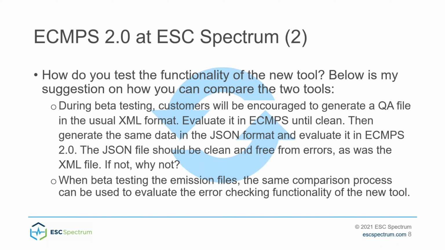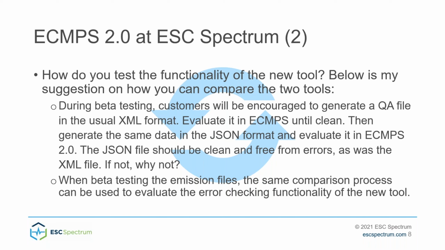And you would expect that the evaluation report from the new tool, ECMPS 2.0, would also produce at that point in time a clean evaluation report, because you've already used the old tool to verify that your database is clean and properly set up. And so therefore the new tool should return a very similar report.